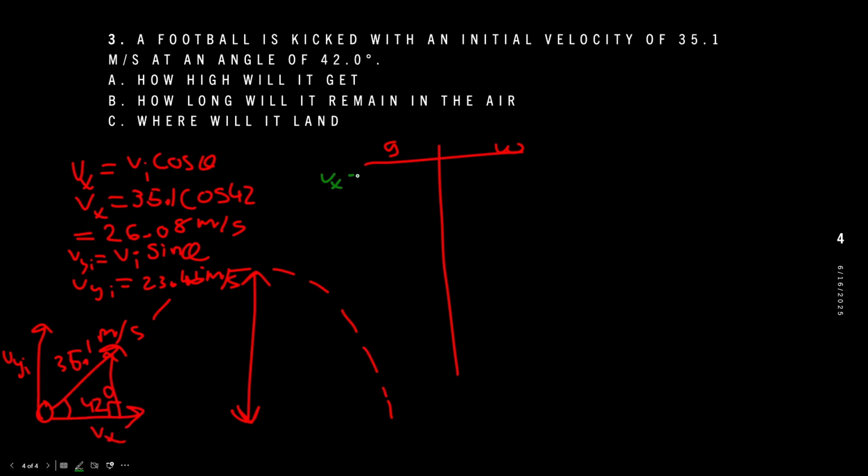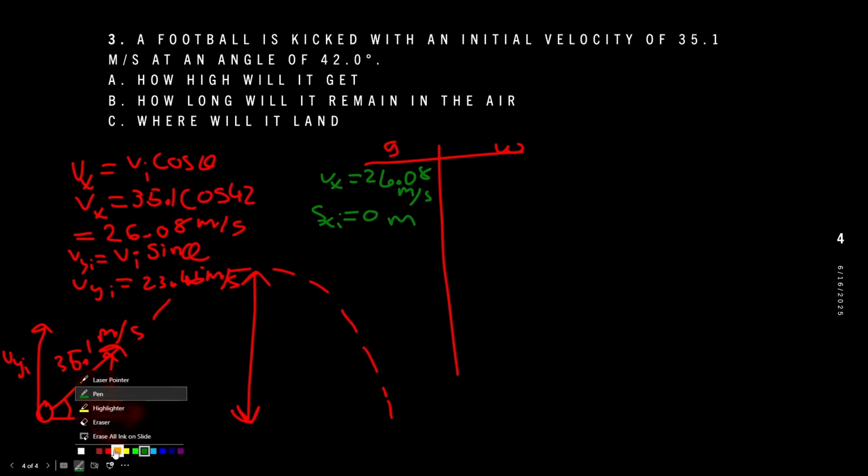So we know Vx equals 26.08 meters per second, and then we know that our starting x position is 0 meters. And that's it for our x components.